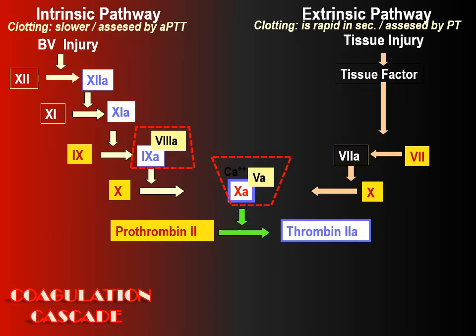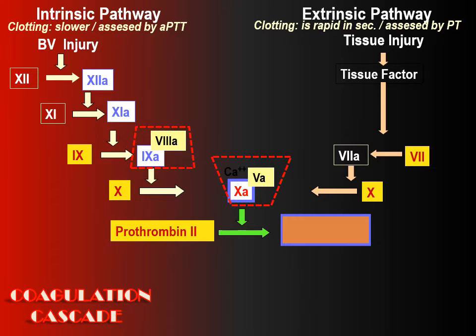A stands for activated. Factor 9A together with factor 8A will act on factor 10 to produce factor 10A. Factor 10A, in conjunction with factor 5A, in a calcium-dependent manner also activates thrombin 2A.